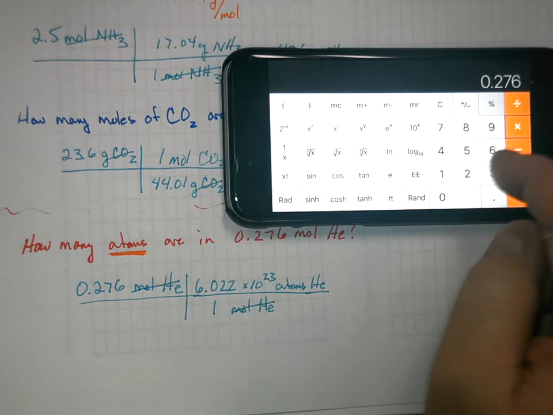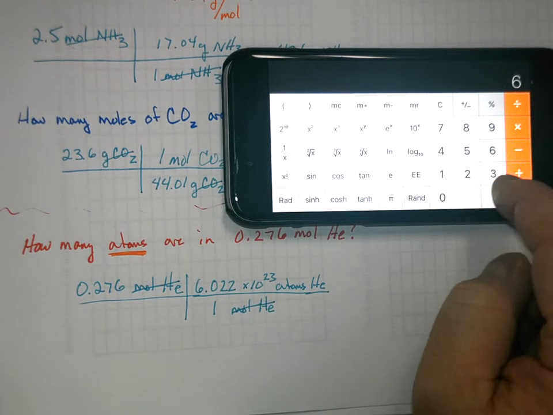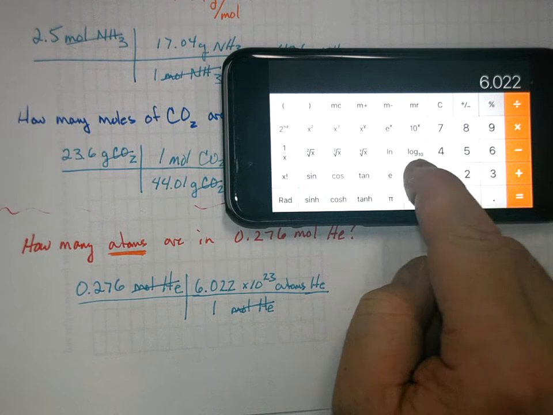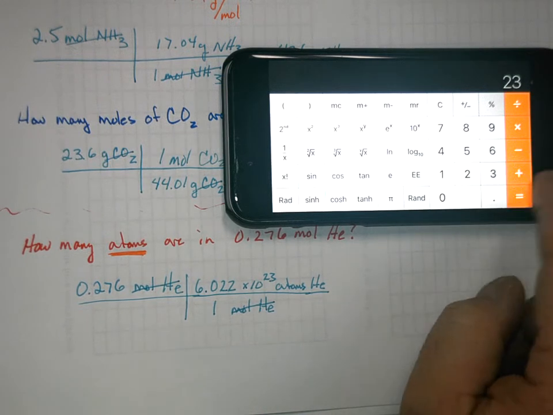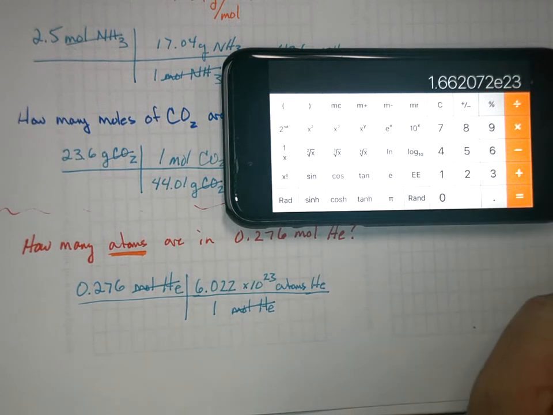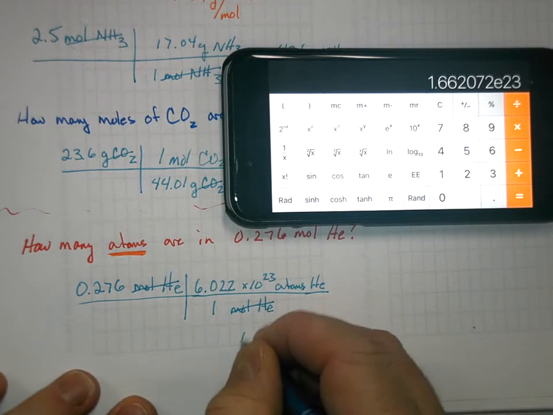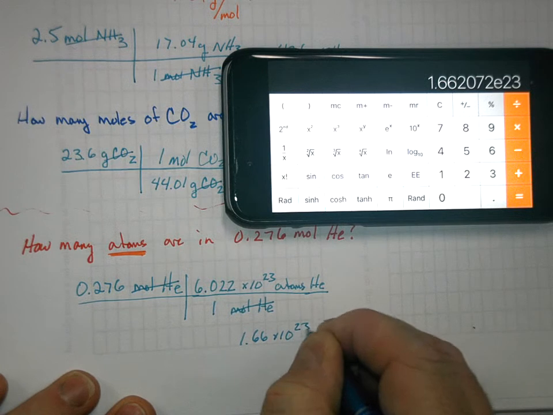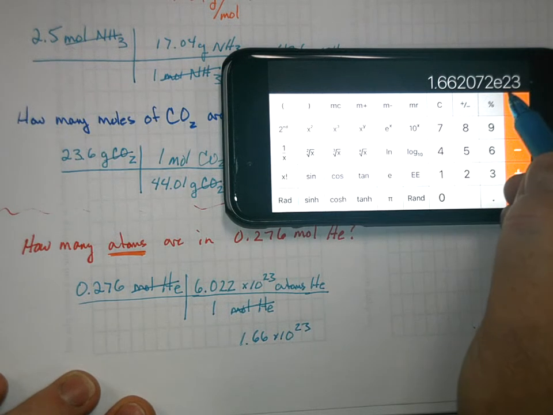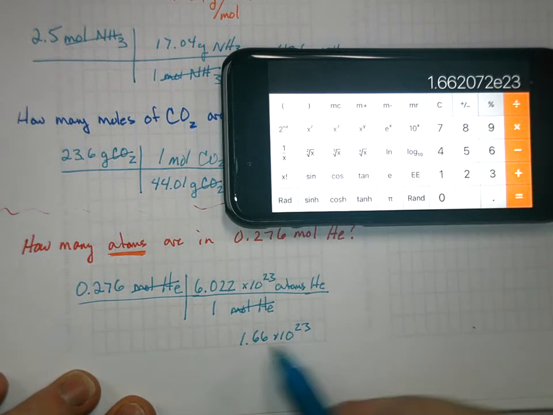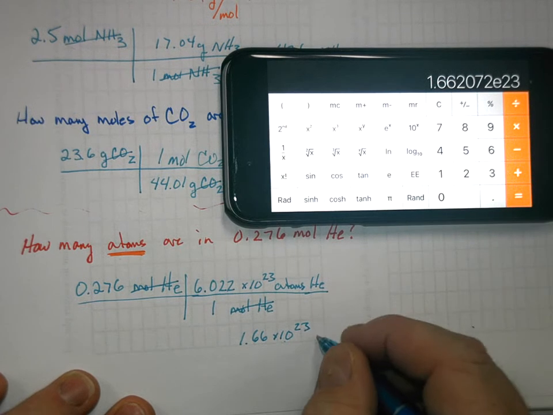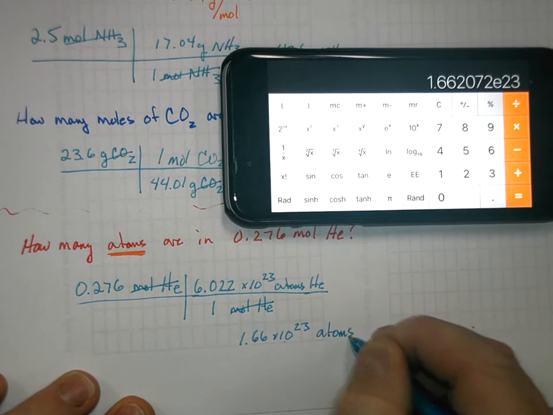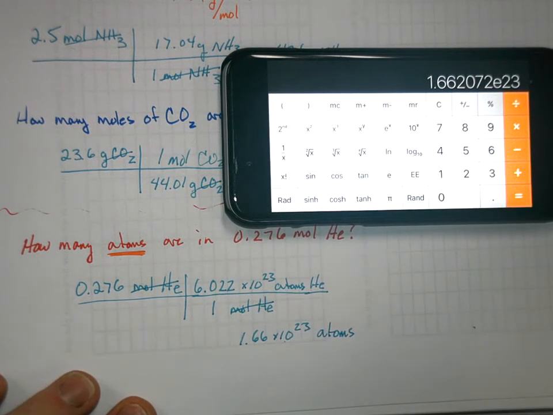All right. 6.022 EE23, and then equals, figures it out for you, and so this would be 1.66 times 10 to the 23rd. That's what this means. E23 means times 10 to the 23rd atoms. Okay.